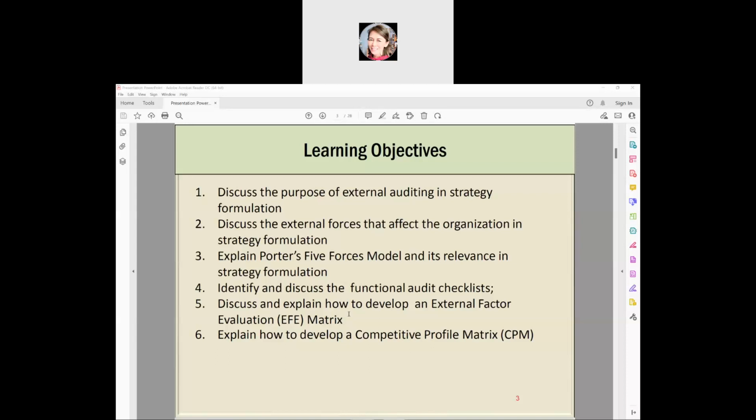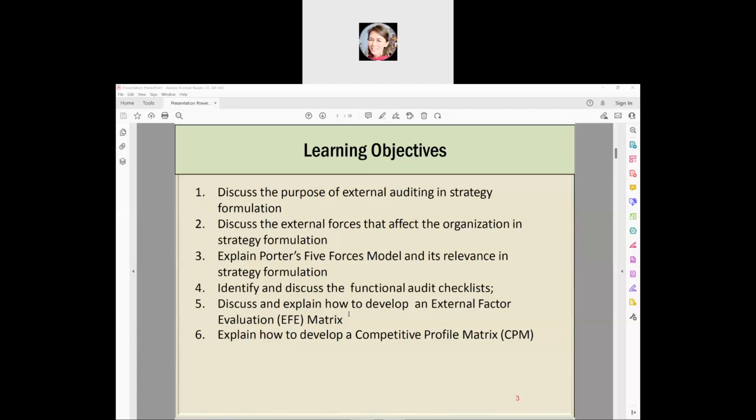The first objective here is to discuss the purpose of the external auditing in strategy formulation. Second is the discussion on the strategic forces that affect the organization. The third one is looking into Porter's 5 forces model and how it is relevant to strategy formulation.